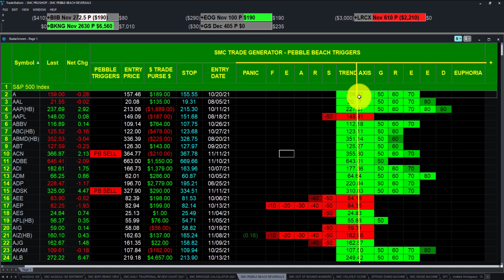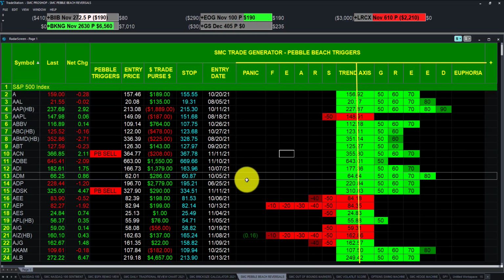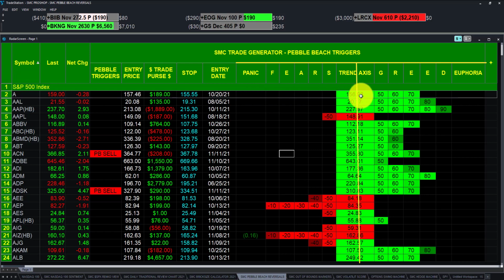So there's no guarantees. On this side, the panic column, when price shows up in here, the likelihood is that price is going to move back toward the mean in the next 20 days to the likelihood of some 95%. So what does one do with that?